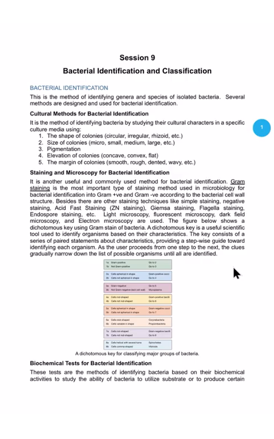So usually in bacteria identification using staining and microscopy techniques, in the lab they use what we call a dichotomous key for identifying or classifying the bacteria. This is a very simple tool that uses two characteristics of a bacteria.